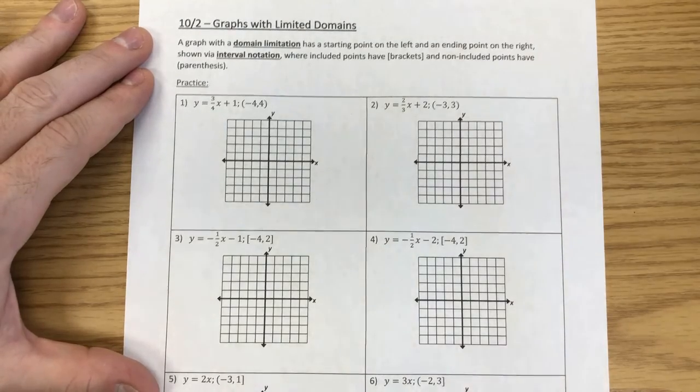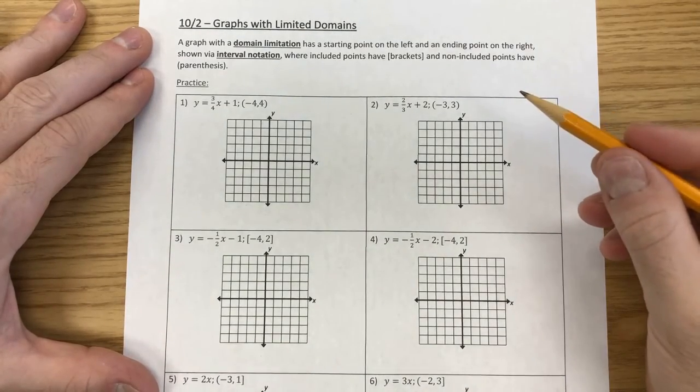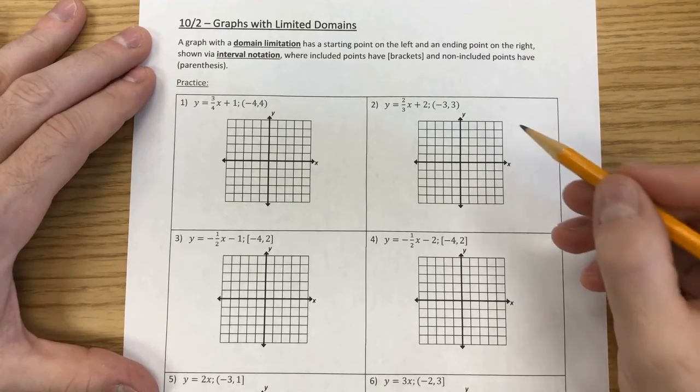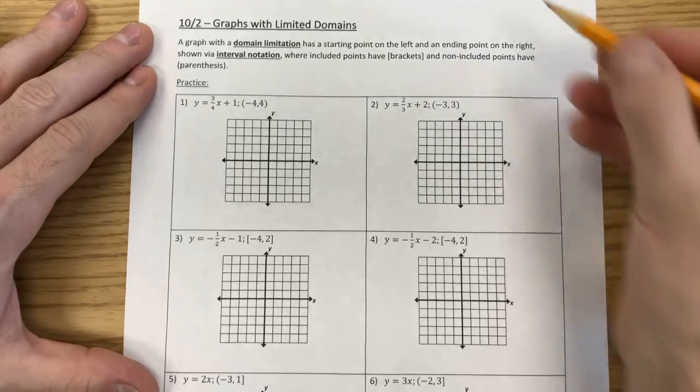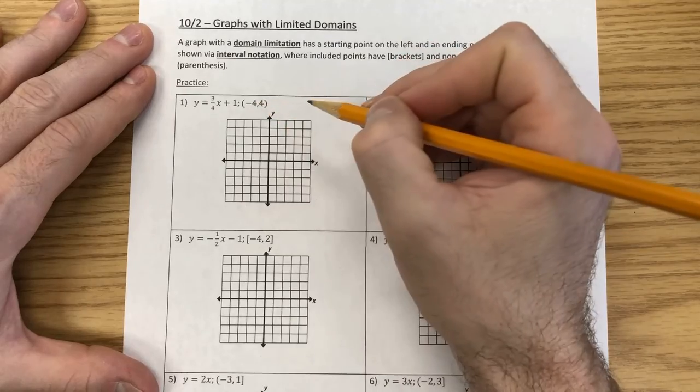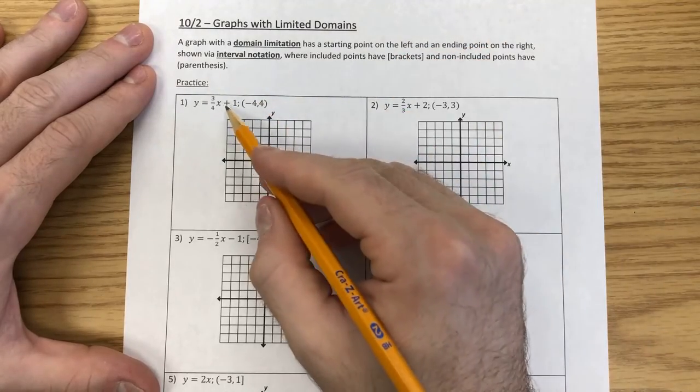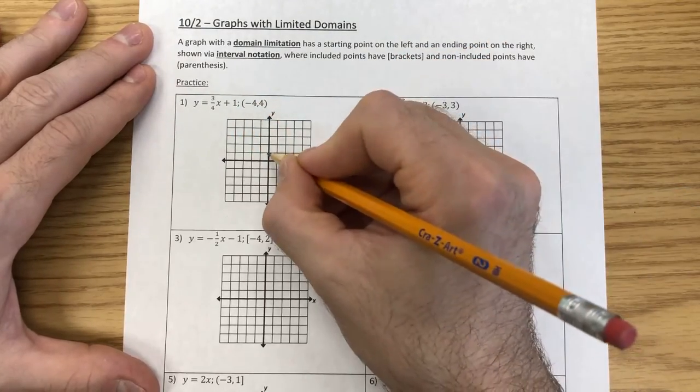What I typically do is graph these with a pencil first, so that I can erase the portions of the graph that I don't need. Because again, we're only concerned with part of the graph. So I'm going to graph this. This is a standard line.